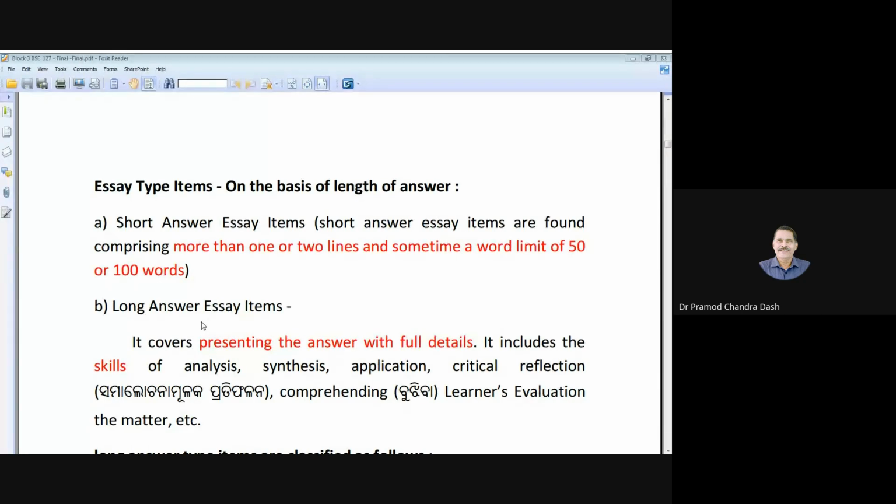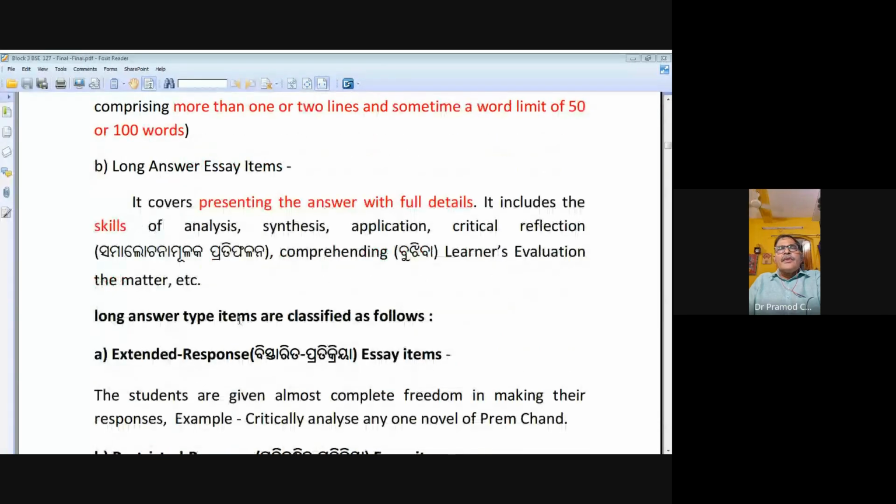Long answer type question covers the presentation style and also includes the skills of presentation. How the person concerned is analyzing the subject, synthesizing the subject, applying the content knowledge, and also critical reflection.